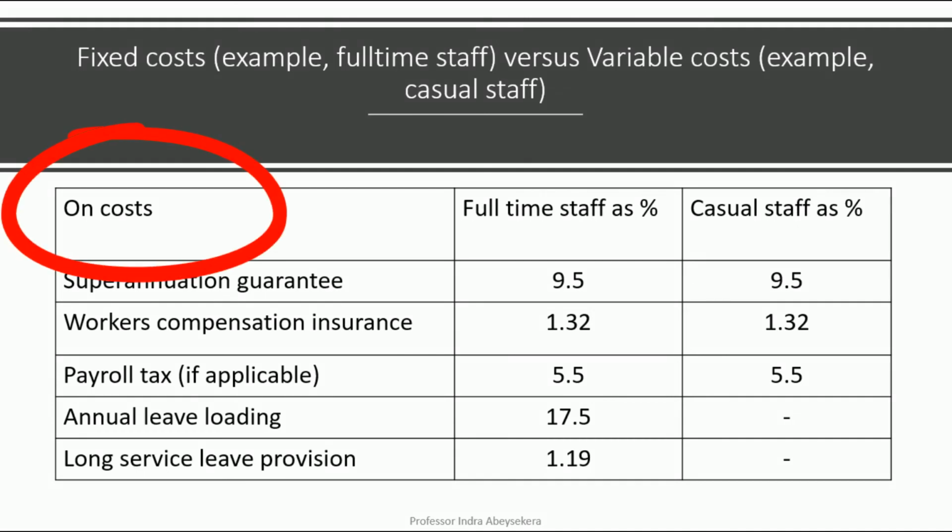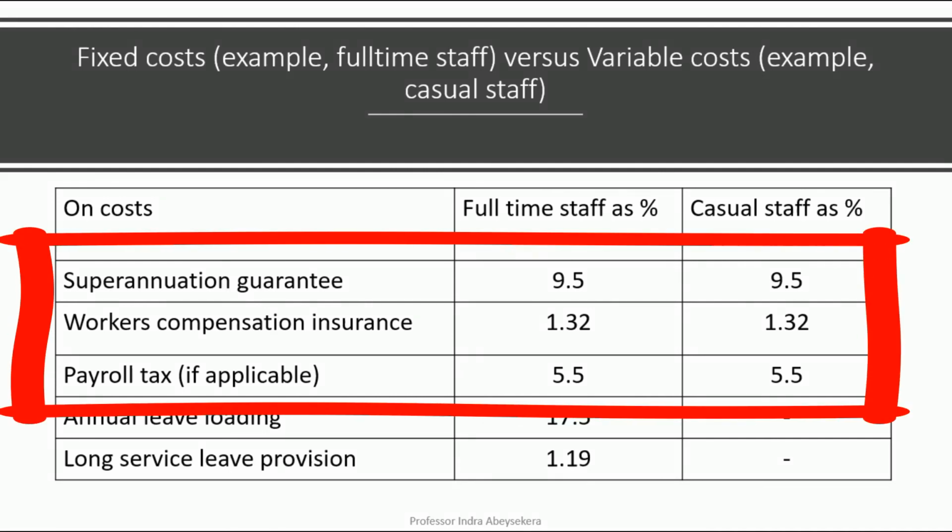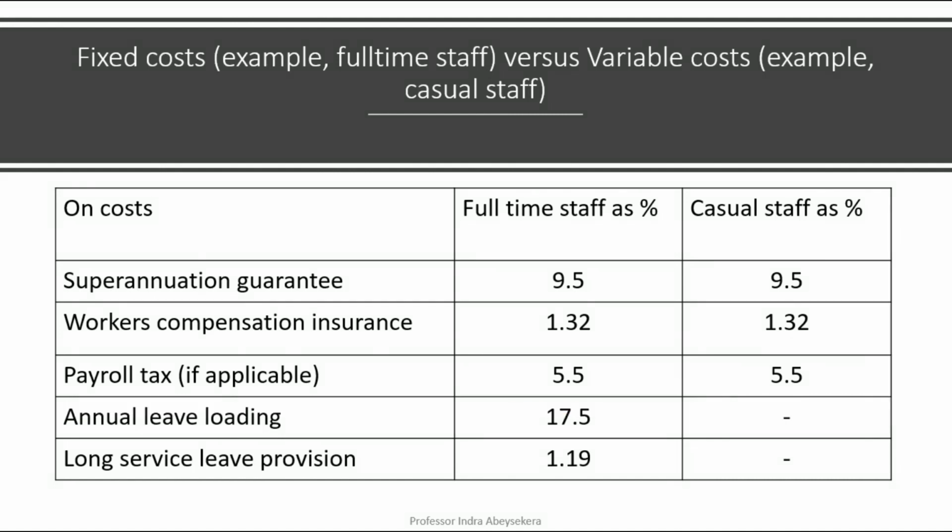These are called on-costs. There are some common on-costs to both categories, which is the superannuation guarantee, workers' compensation insurance the enterprise must take, and the payroll tax that the enterprise must pay. But it's in some states, and the rate can vary.